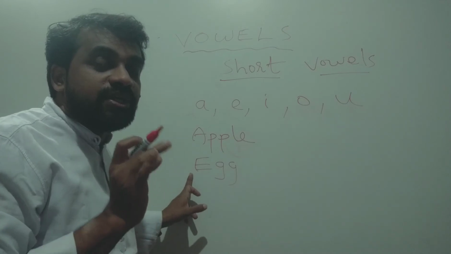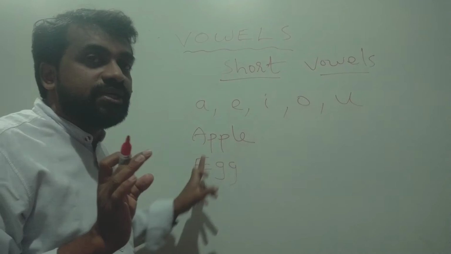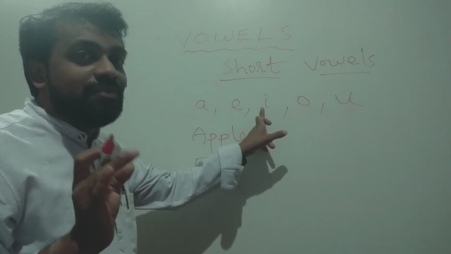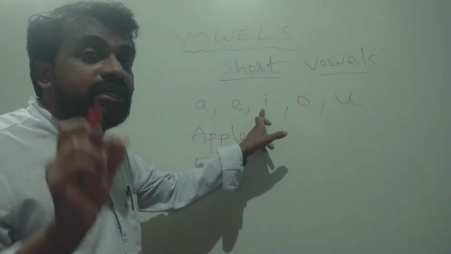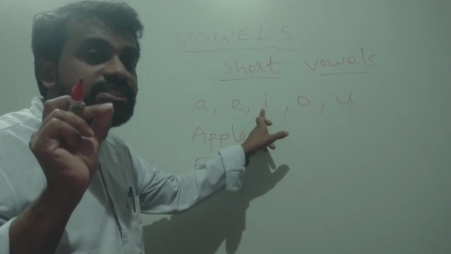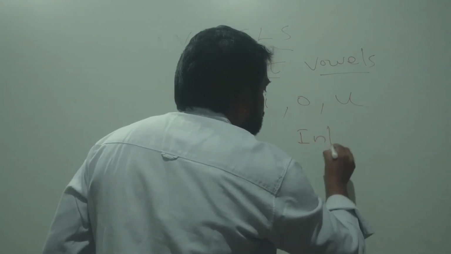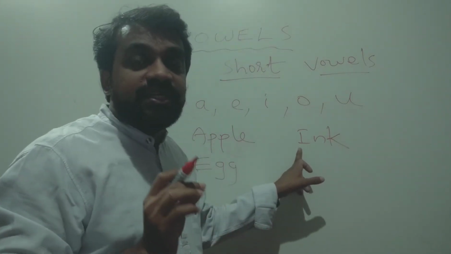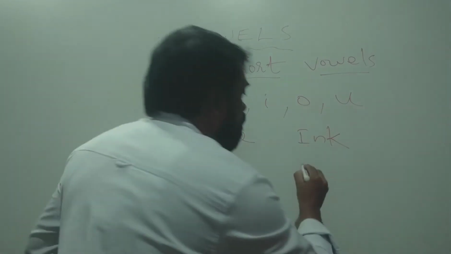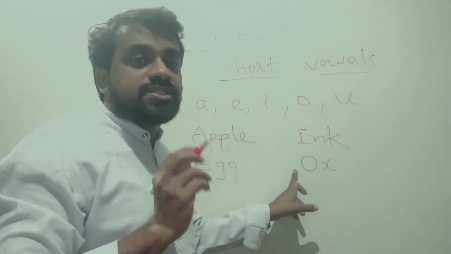Next I, I. We usually say I, but here it is not I. It is E. You have to pronounce it as E. When this is a short vowel, its pronunciation is E, like ink, ink, ink. Next O, O like ox, ox, ox.